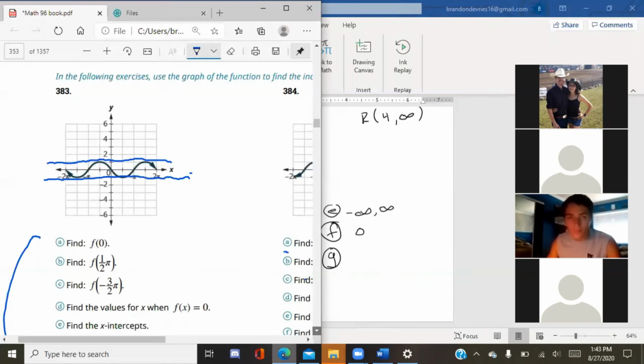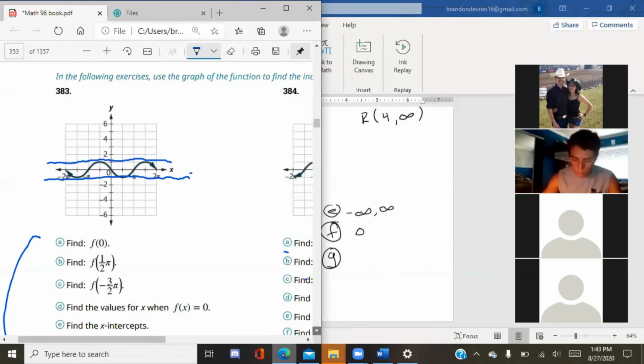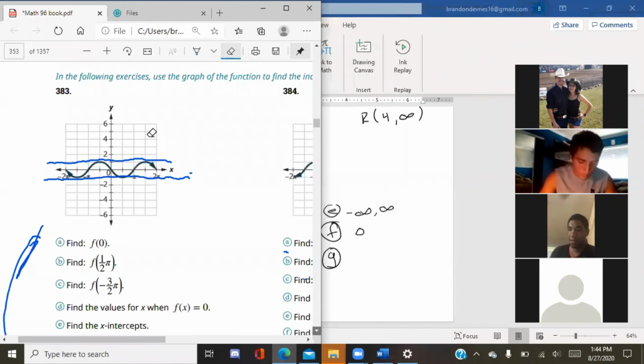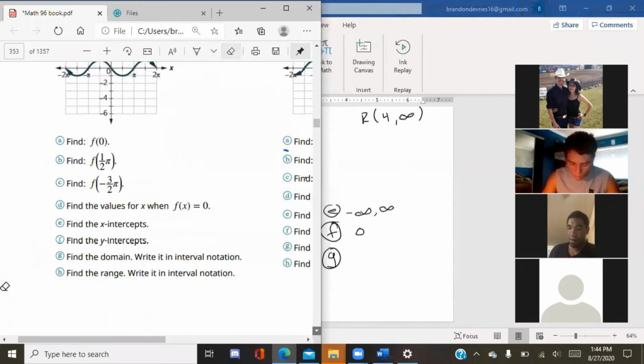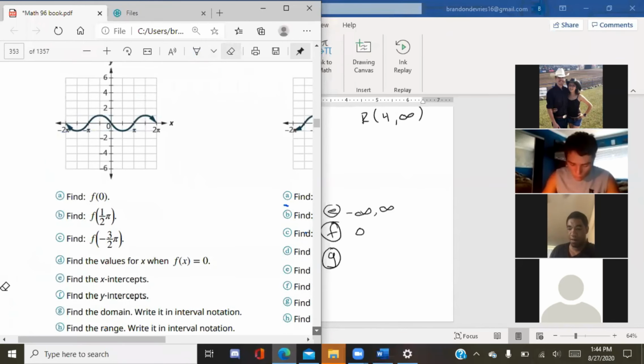All right, so G. Find the domain, write it in interval notation. So the domain would be the x-axis. So it'd be negative infinity, infinity.